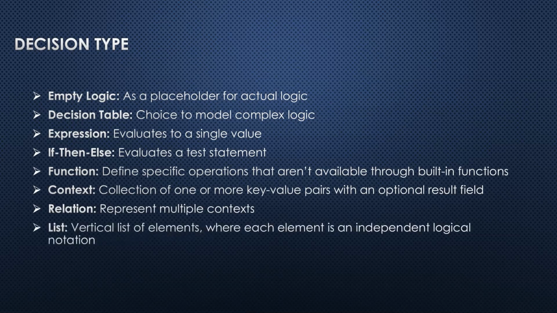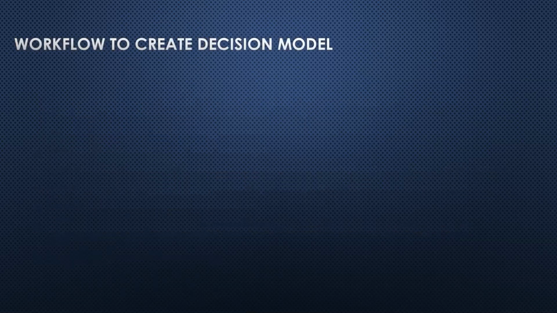List is a vertical list of elements where each element is an independent logic notation. And the last is the loop, which iterates over lists or arrays. So these are the decision types which we can use in order to build simple or complex decision rules. We can use one or more decision types in a single decision rule.